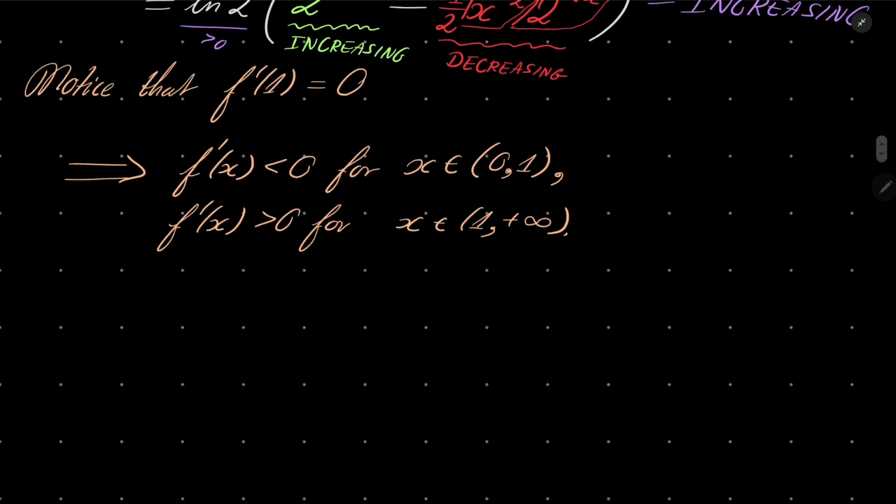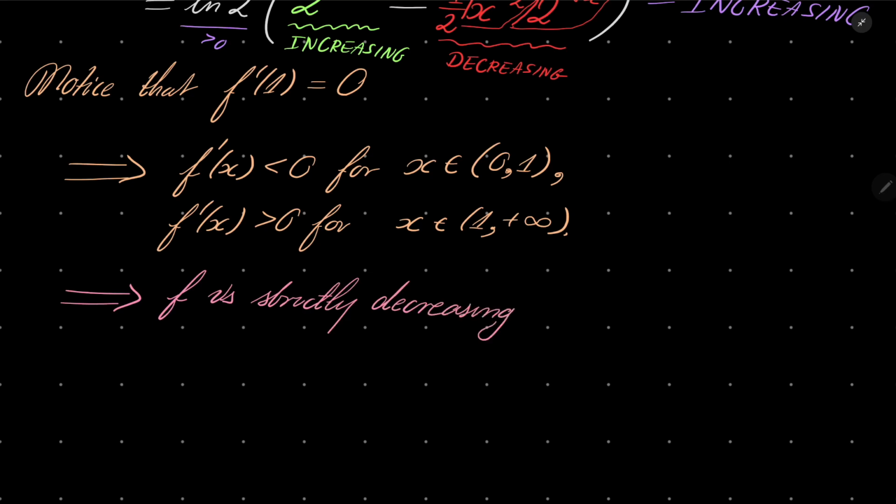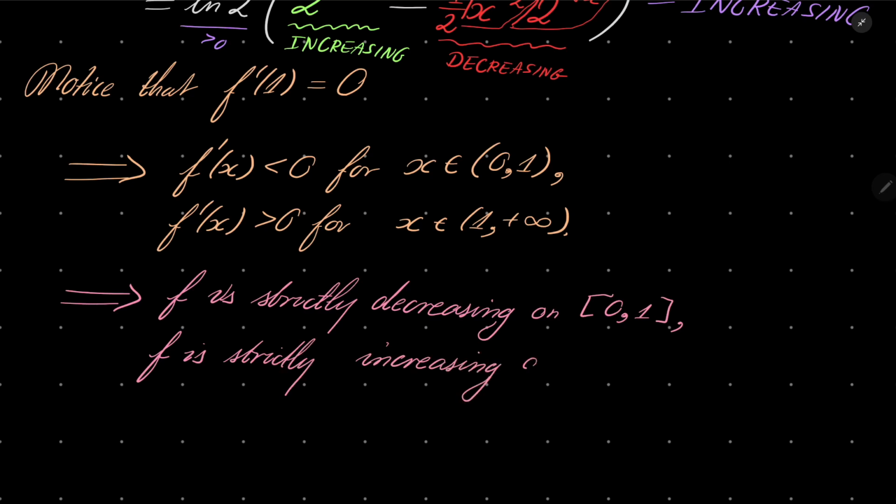Which in turn means that f itself, f is strictly decreasing on the closed interval from 0 to 1. We can safely close on both sides. And moreover, f is strictly increasing on the interval from 1 to infinity.